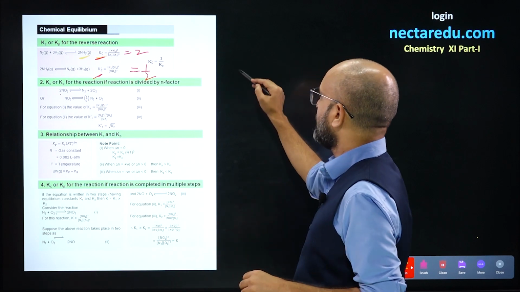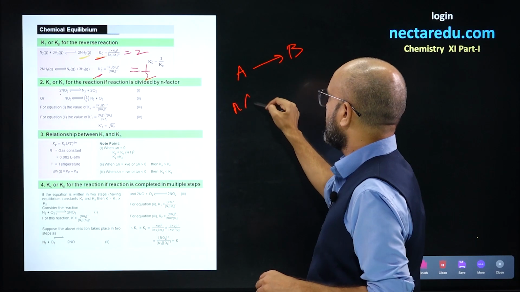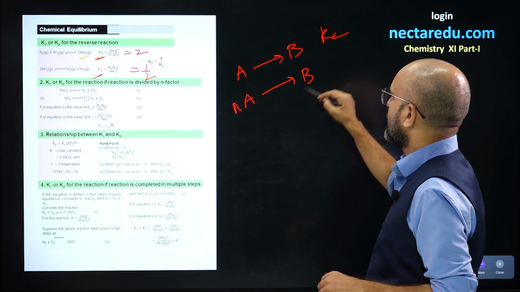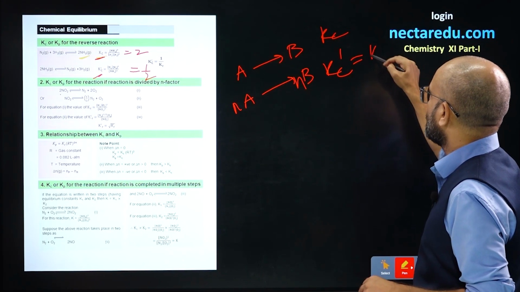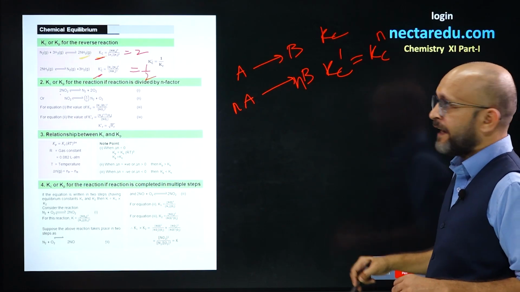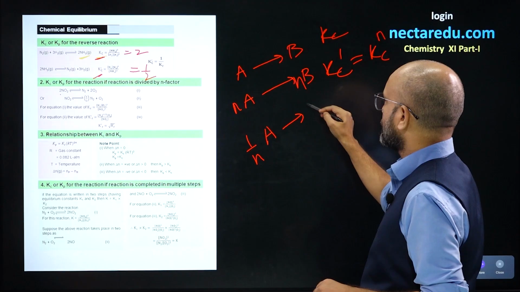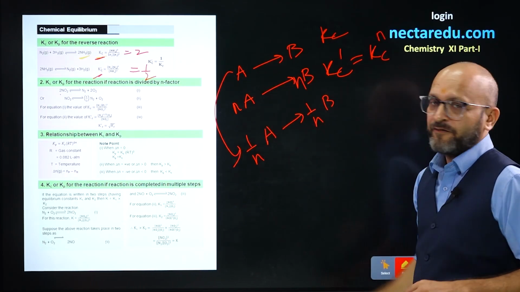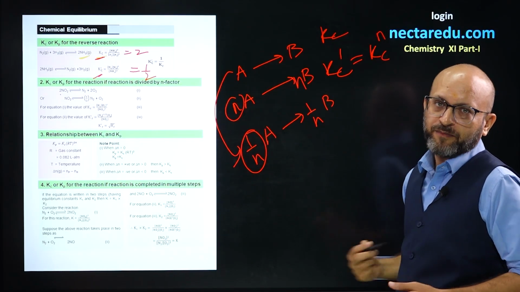For example, you have A gives you B, and I multiply. If for this reaction I write Kc, then Kc dash for the multiplied reaction will be Kc to the power n. And if I divide, let's say 1 by n A gives 1 by n B, what I have done is multiplied by 1 by n.